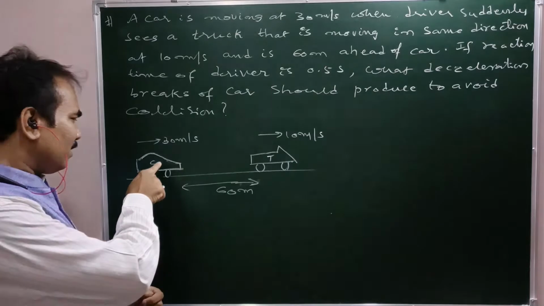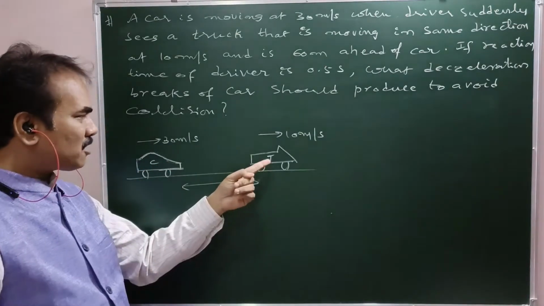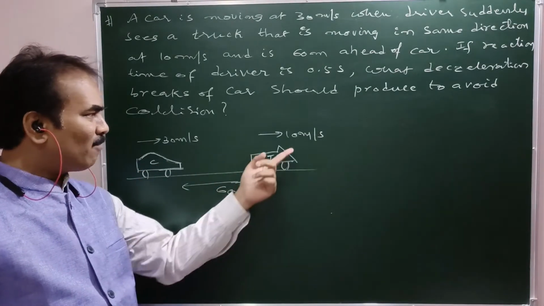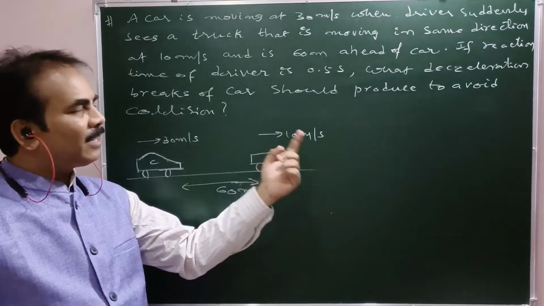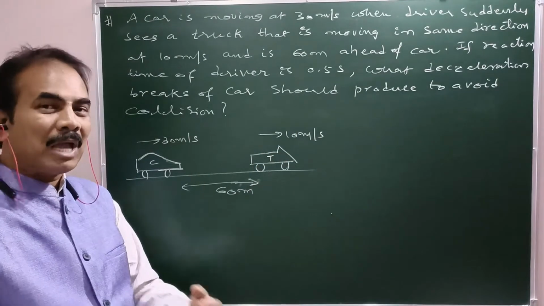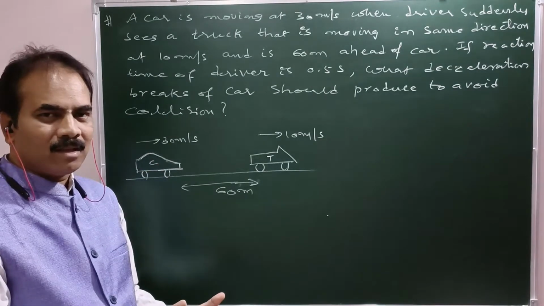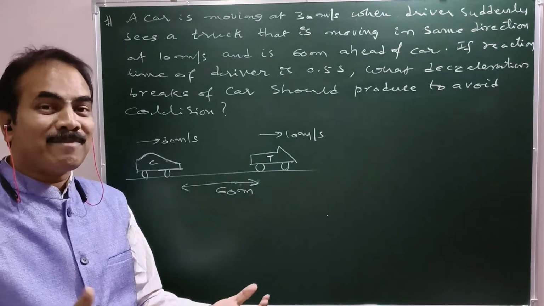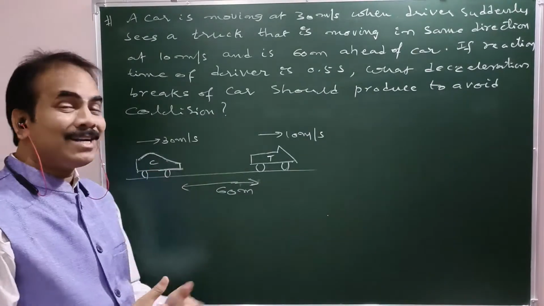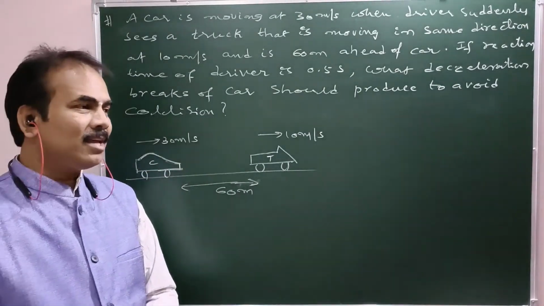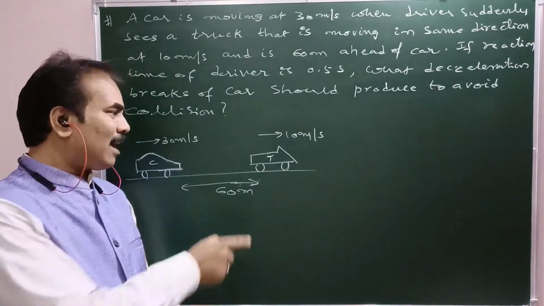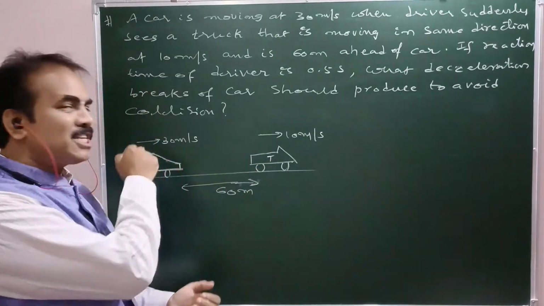Right? Here, the car driver observes that the truck is 60 meters ahead and moves at a speed of 10 meters per second. So to avoid an accident here, the car driver applies brakes. But here one reaction time is there for the car driver. What is the reaction time here? That is the time interval between observing the truck and application of brakes.